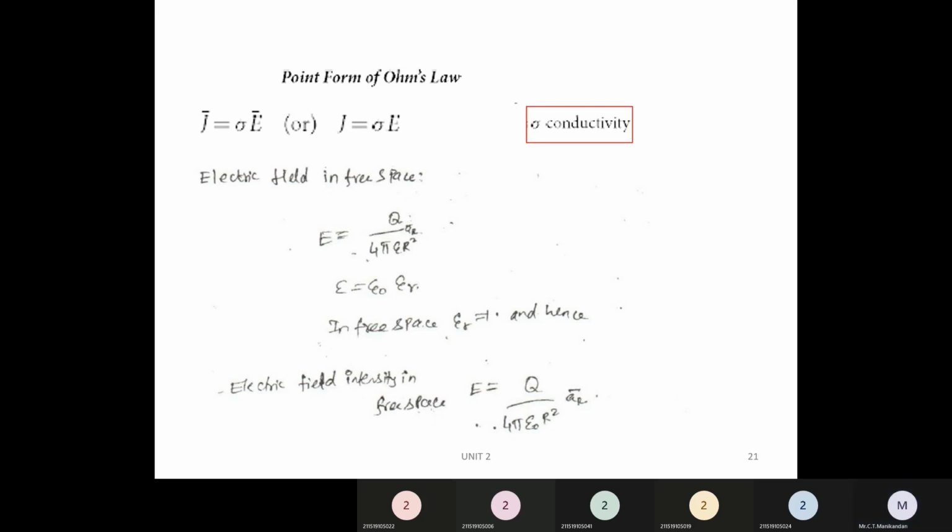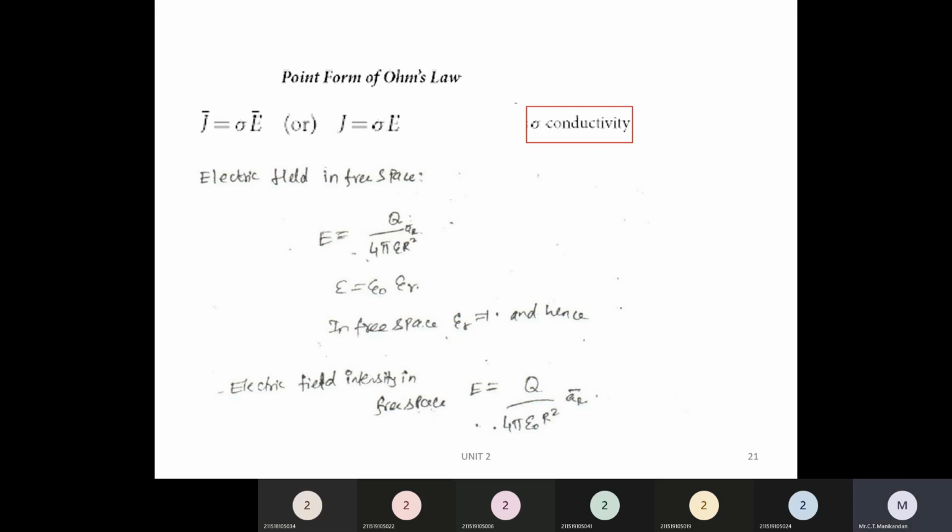With the electric field concept, we can relate it with Ohm's law. Current density is directly proportional to electric field intensity, and the proportionality constant we have is sigma, the conductivity.